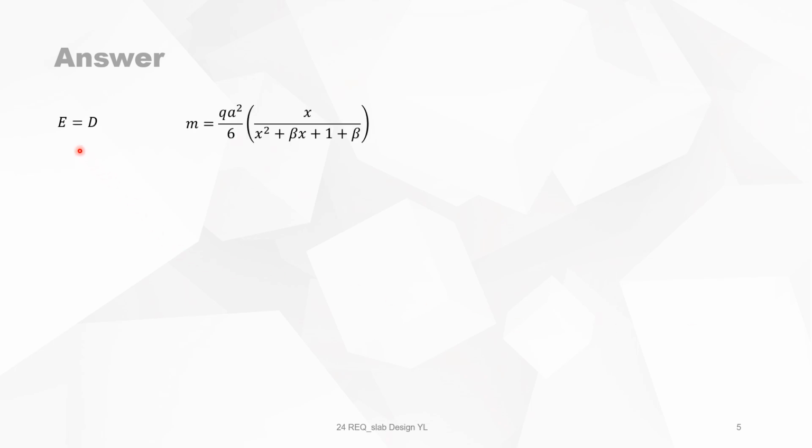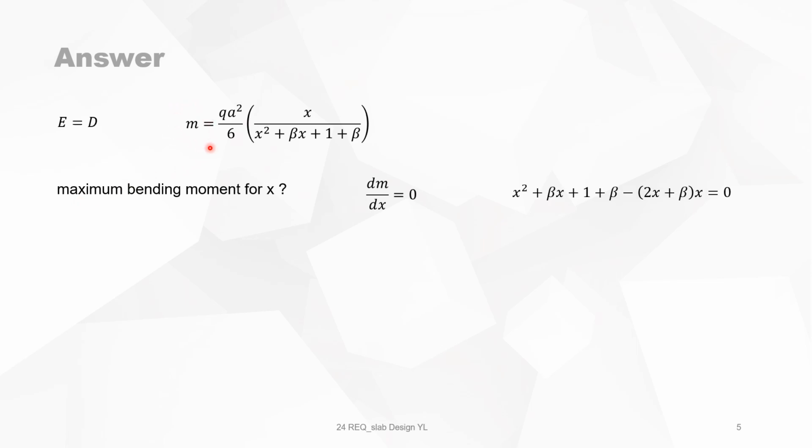E is equal to D, so the bending moment m is a function of x and beta, of course. The maximum bending moment for x is when the first derivative of m is 0. It means that this must be valid. So you solve this equation, and you get x is the square root of 1 plus beta.